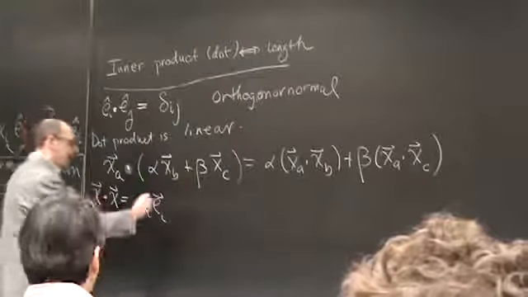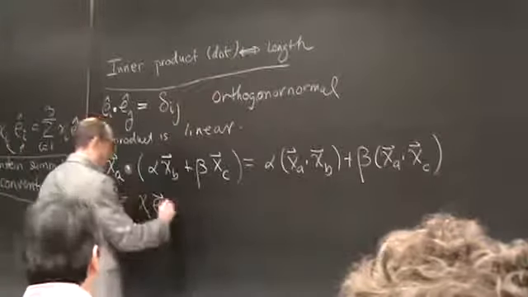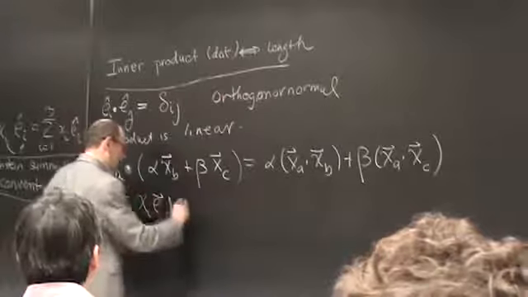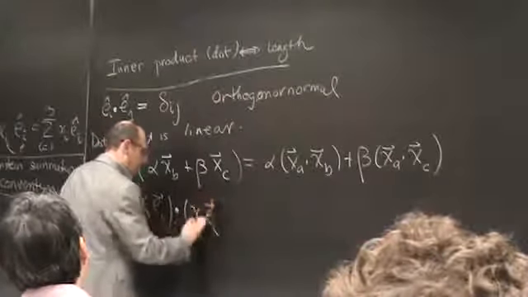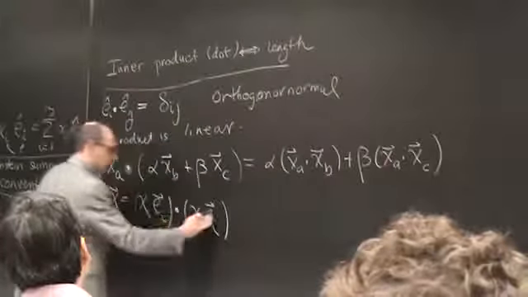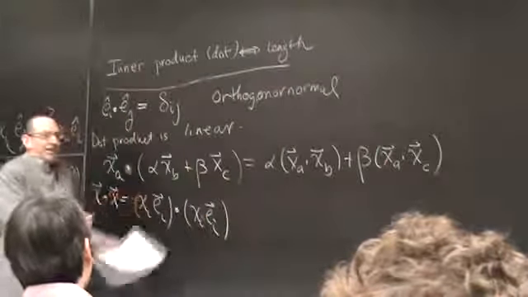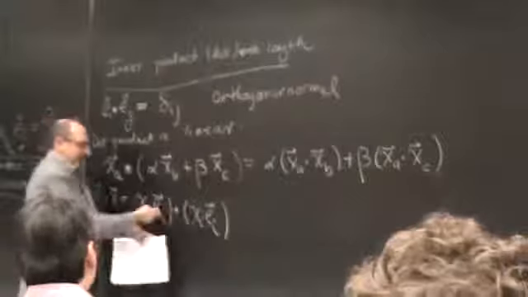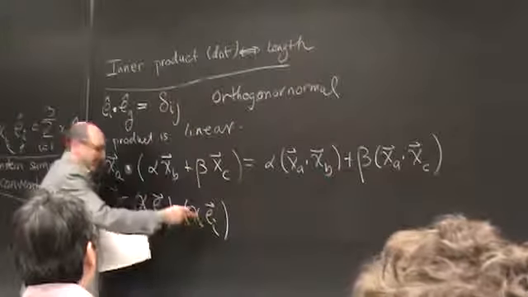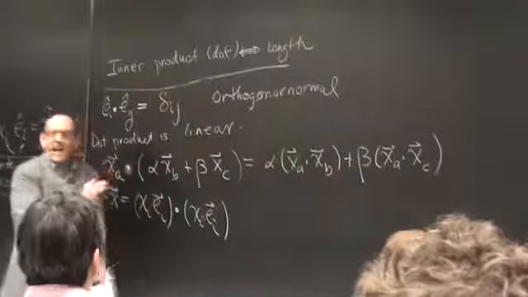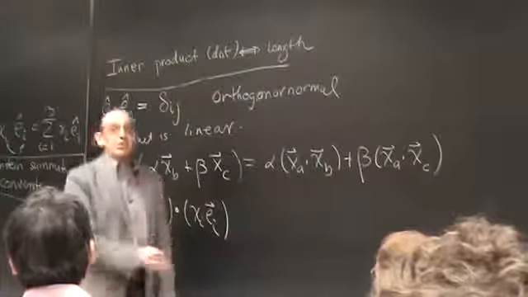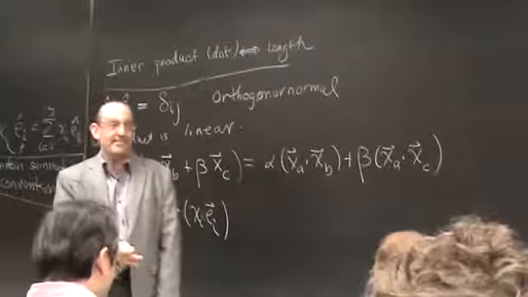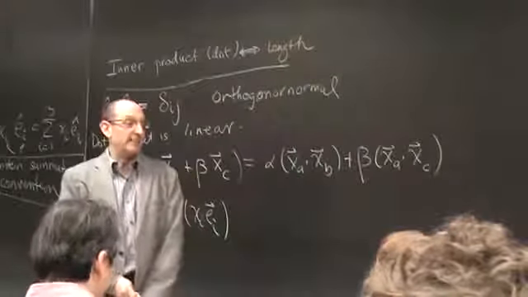In other words, if I just wrote this again as dot x^i e_i, I'm really confused because am I summing this with this or this with this? You cannot and should not reuse an index once you've summed over it.